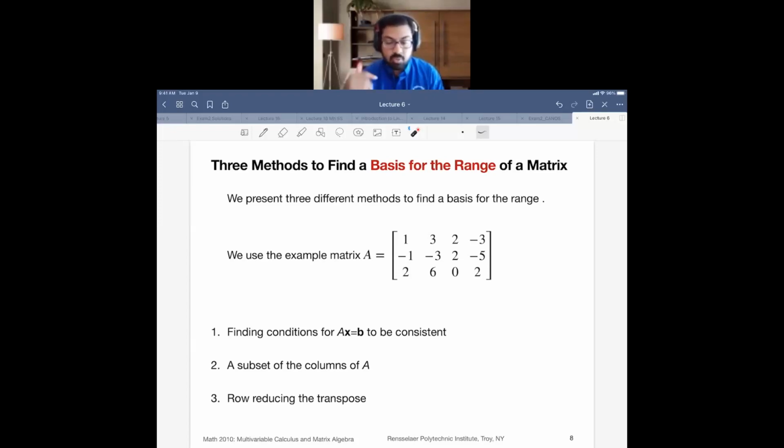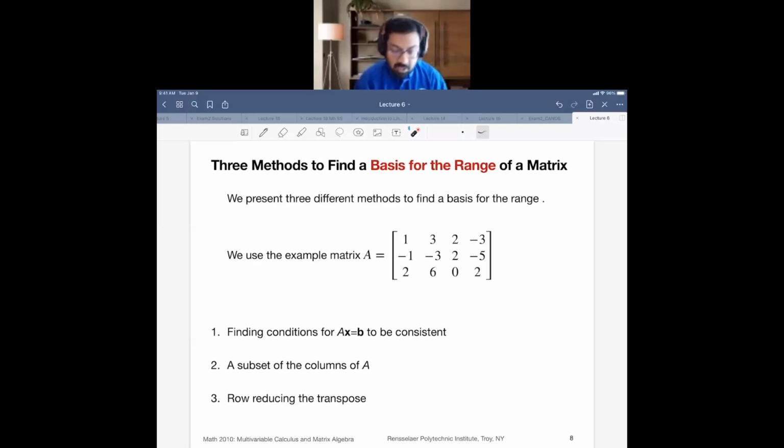AX will give you your range of the matrix. How far can you reach with this coefficient matrix A, right? So AX, for some X, will define your range. Now, how can you represent that particular range as a basis, which means the smallest spanning set of linearly independent vectors? Can you do that or not?